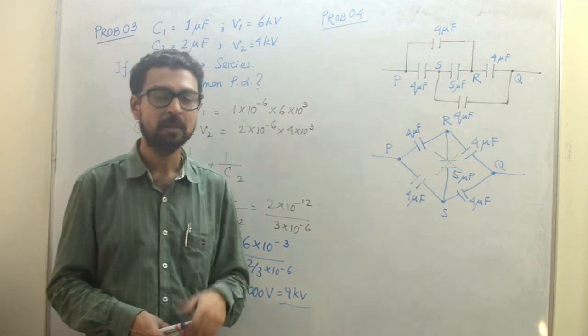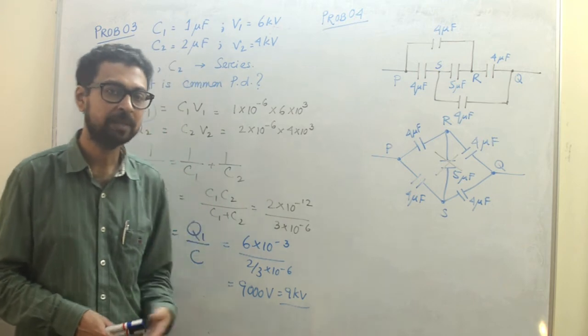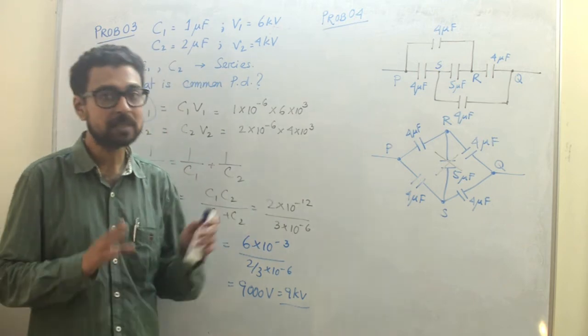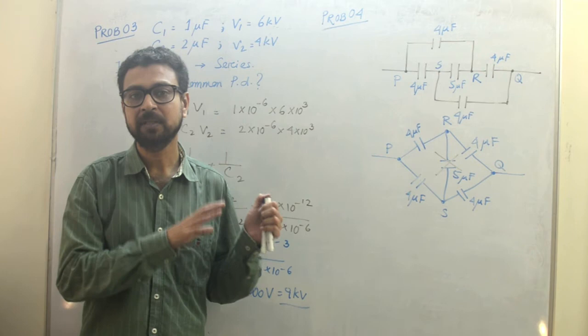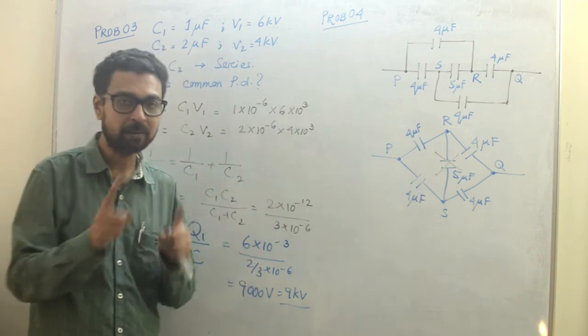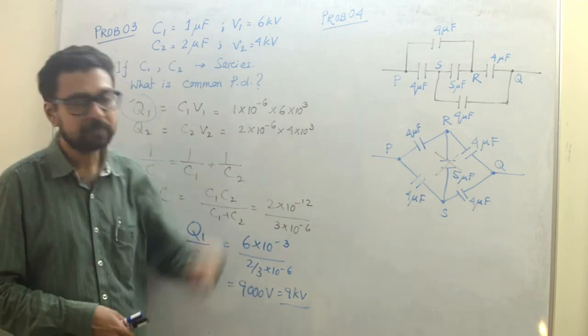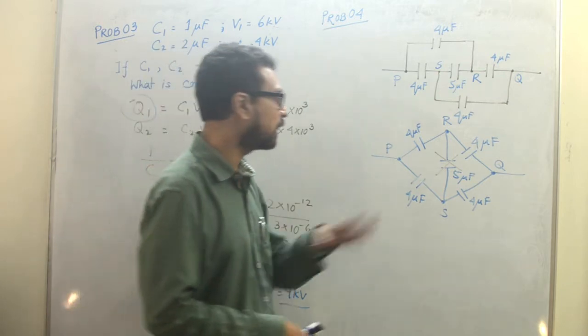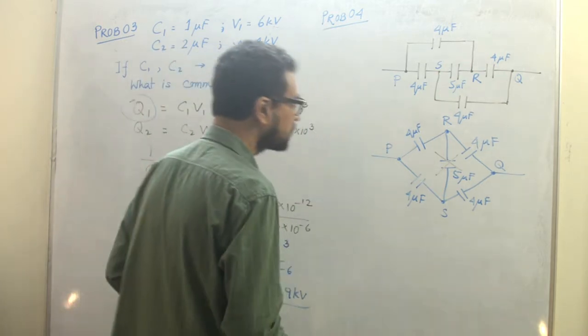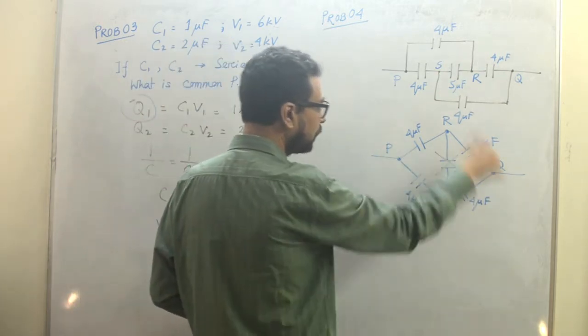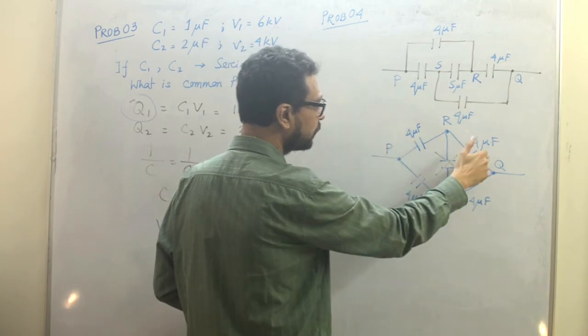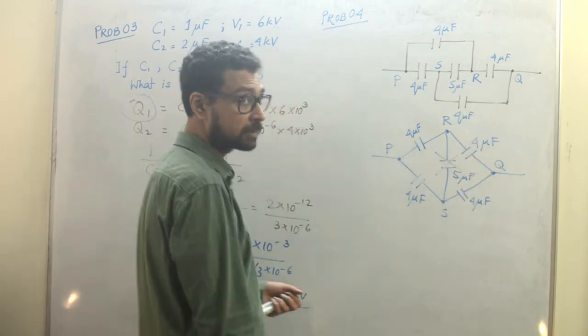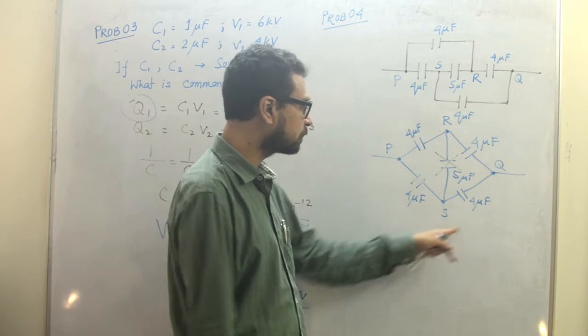We have Kirchhoff's rule and we have the Wheatstone bridge. This principle is known as the Wheatstone bridge principle, where if the resistances or capacitances bear a constant ratio, then the in-between capacitors or resistors are omitted. Now you can see the P to Q upper loop has two 4 mu f capacitors in series, so the effective value is 2, and here also it is 2.